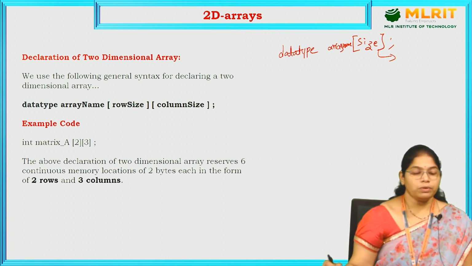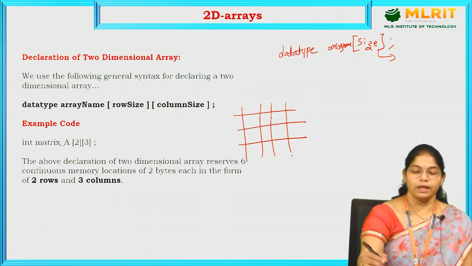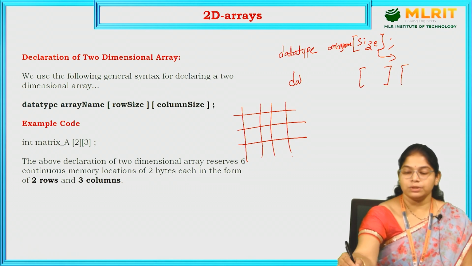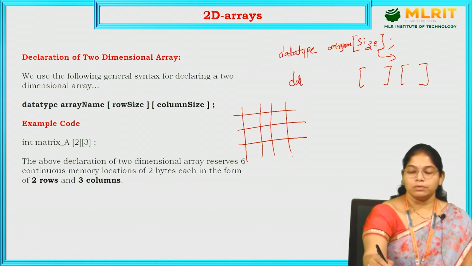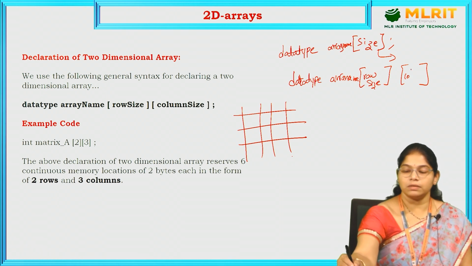If I want to declare a 2D array, that means I want rows and columns. Then a 2D array is represented with 2 subscripts: data type, array name. The first subscript is always the row size and the second one is the column size.